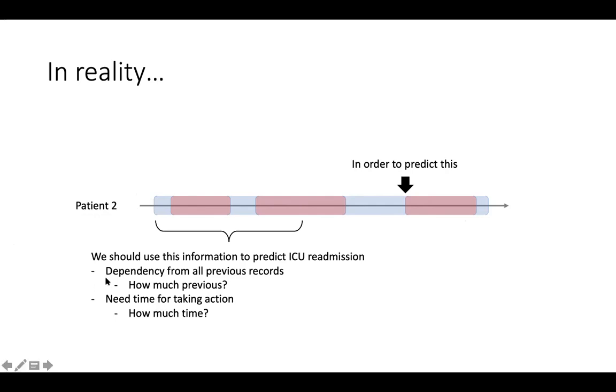And again, as I said, the same rule applies: we need time for taking action. So when we are constructing the data set, we don't want to use the very last event or very last record from the previous ICU stay, because then we are leaving no room for taking countermeasures or actions for preventing this readmission. We want to reserve some room, and the question becomes, how much time do we preserve?